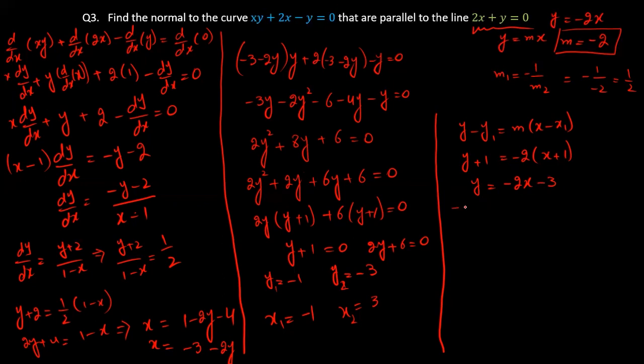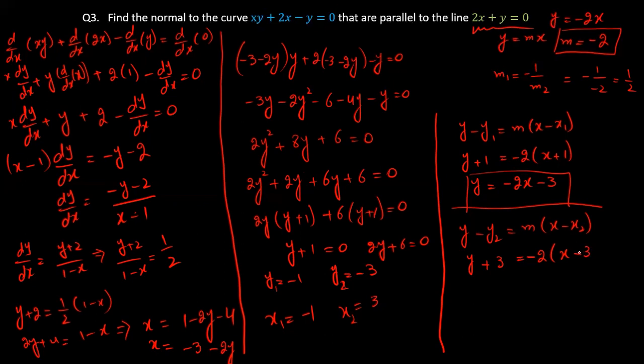And now to compute the second equation, we will use the same method. y minus y2 is equal to m into x minus x2, so y minus, it will be plus 3, slope will be minus 2, x minus 3.